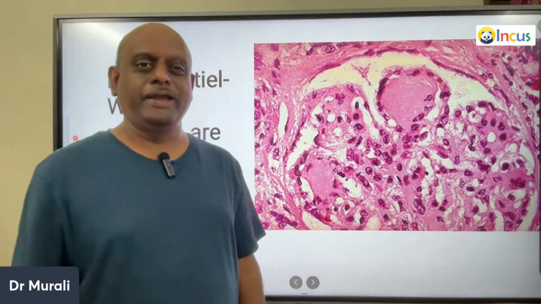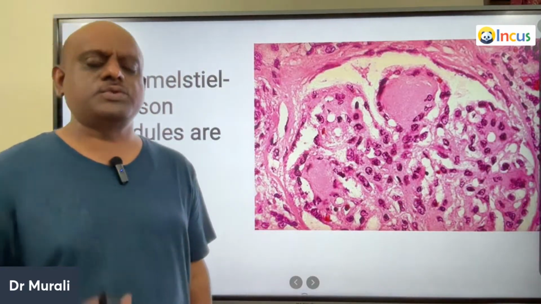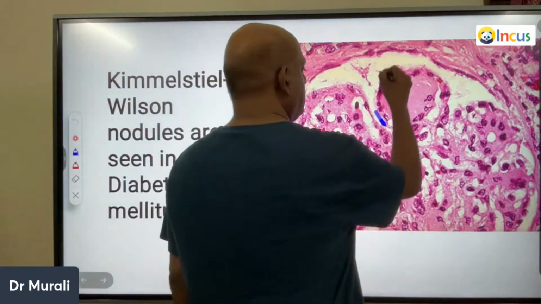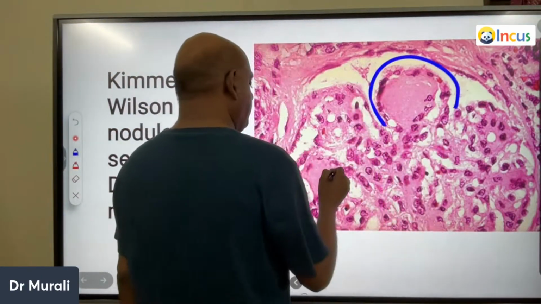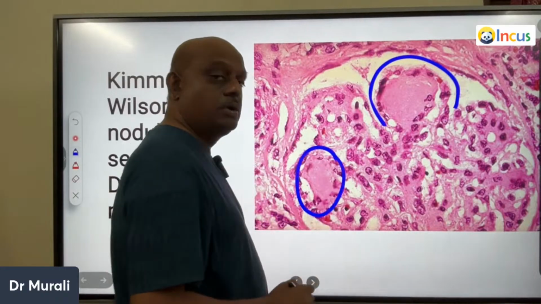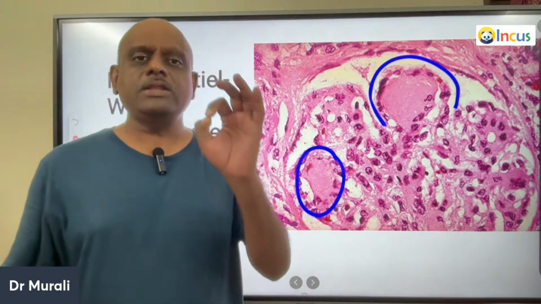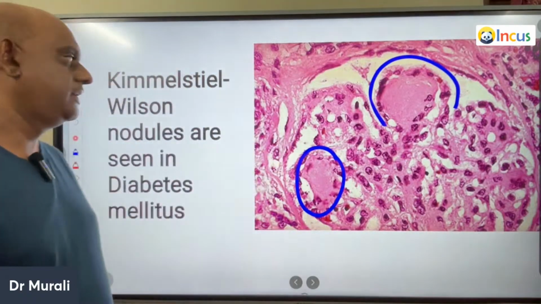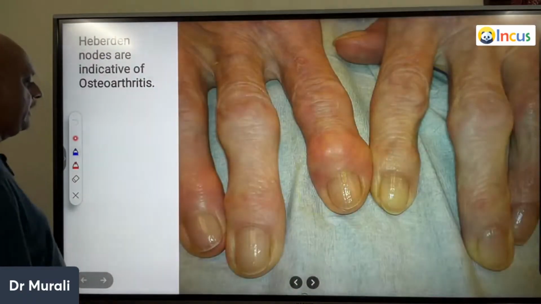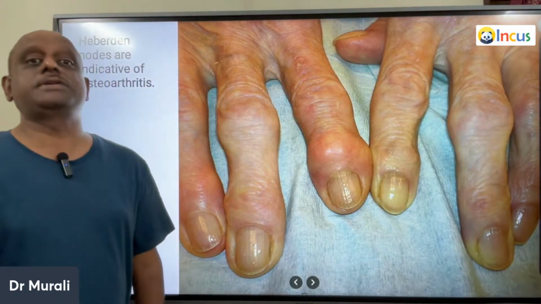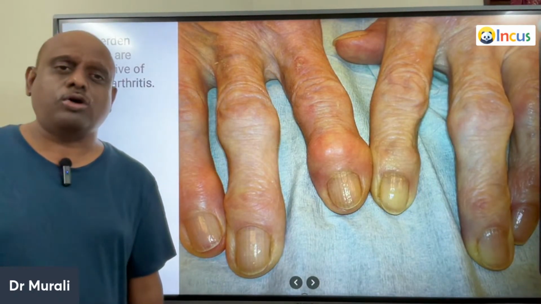You should identify this histopathology image, which is a very characteristic feature, which you should not forget. Glomerulonephritis, without that there is no question paper at all. So this is an example of Kimmelstiel-Wilson lesion, is what you should remember in nodular glomerulosclerosis in diabetes, which is a very common finding.